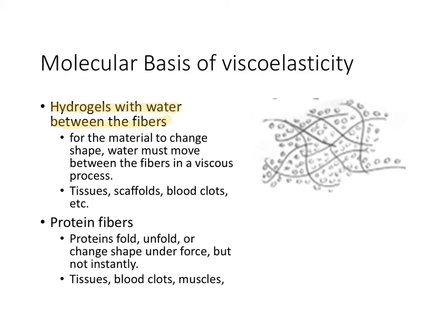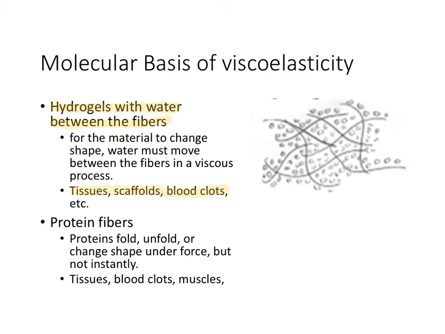We see examples of hydrogels are most biological tissues, with the possible exception of bone, which is primarily elastic, although has some viscoelasticity. Tissue scaffolds that are created in a lab for tissue engineering, blood clots that develop in the body, and other things.